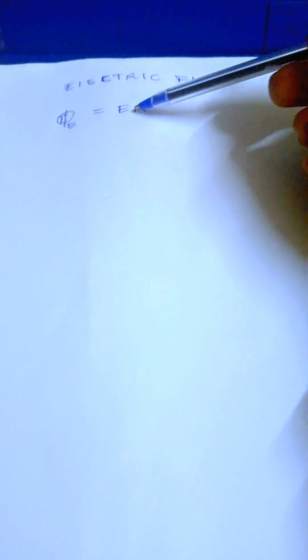The formula is mathematically computed as electric flux, which is phi E. So phi E is equal to electric field times the area. Since we are saying electric flux is the number of electric field lines passing through a Gaussian surface, we multiply the electric field times the area.